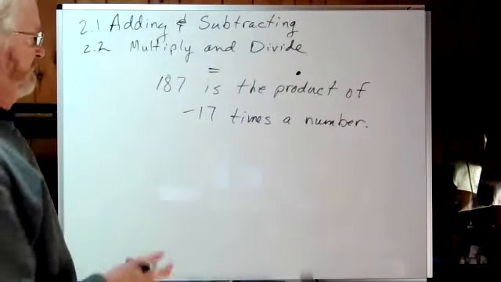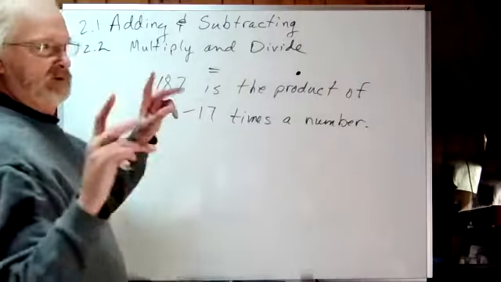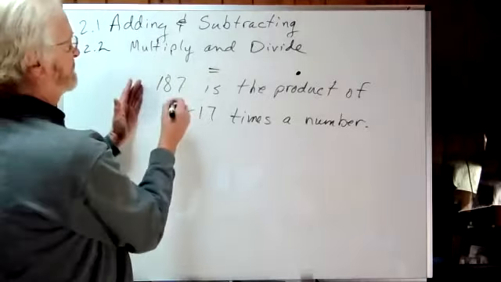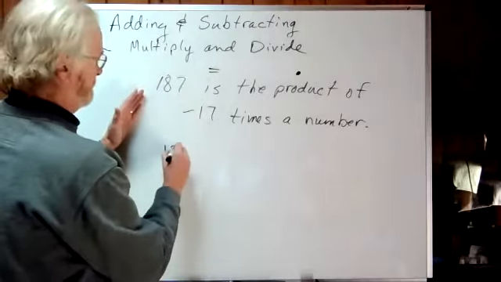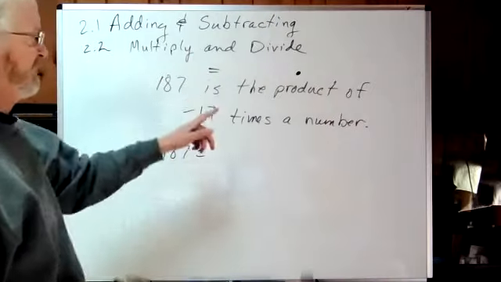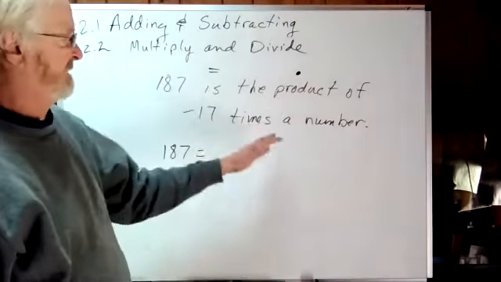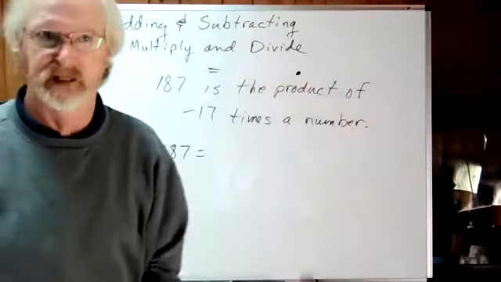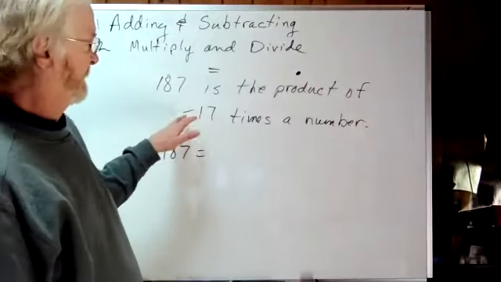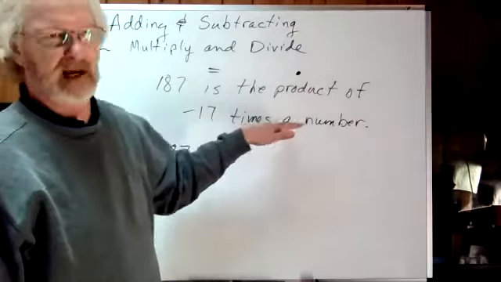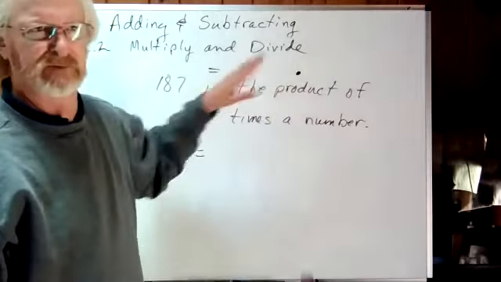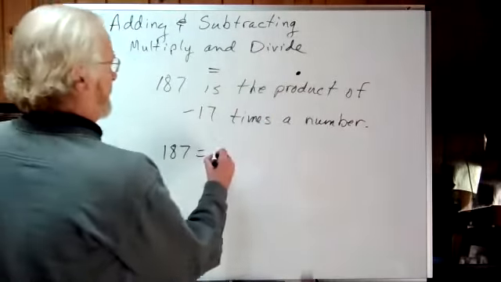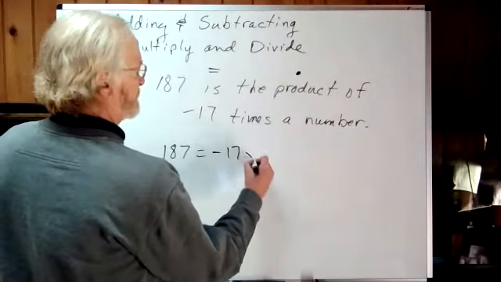Write an equation. Well, two expressions really, 187, kind of a standalone expression. Here's the other expression, the product of -17 and a number. I maybe should have written product of -17 times a number. That's almost redundant, right? -17 times a number.